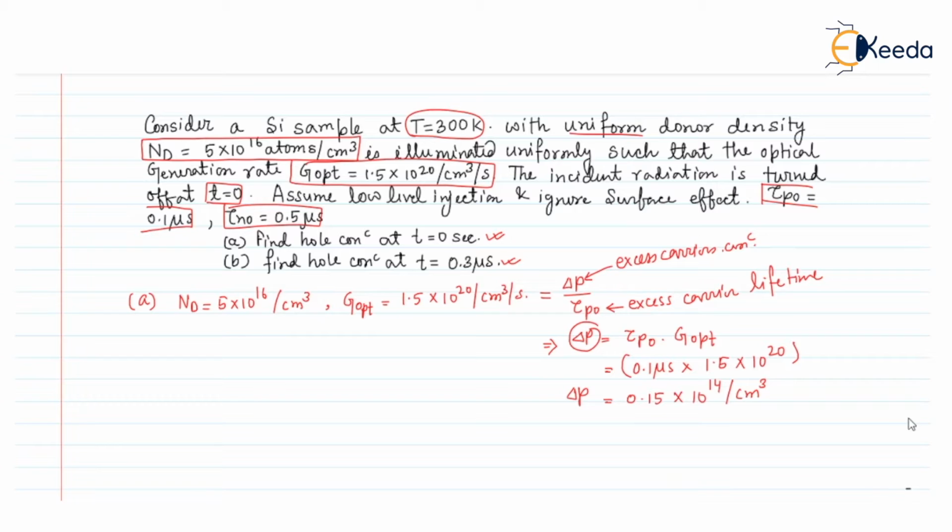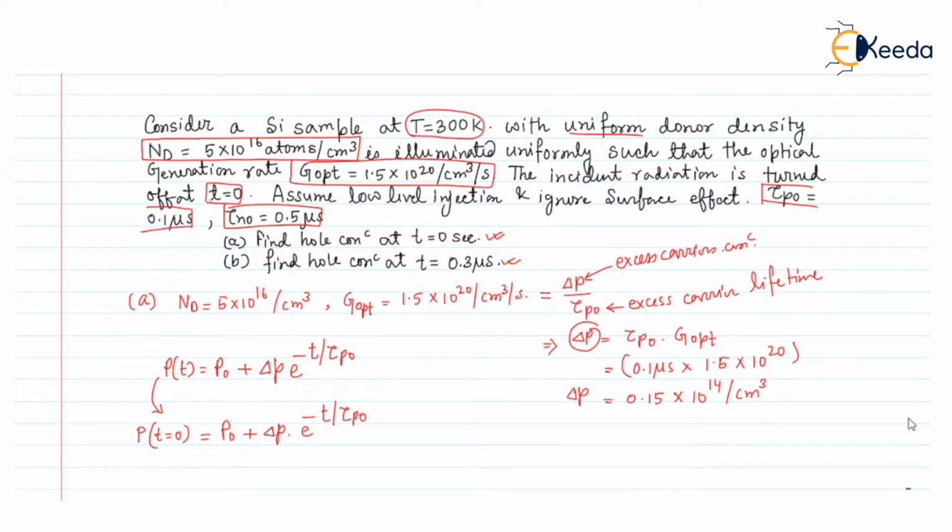Now, if we want to find the value of hole concentration at T equals 0, then we can say from the equation P of T equals P0 plus del P e to the power minus T by tau P0. So from this equation, if I put T equals 0, then we can find the value of P at T equals 0. So it will be P0 plus del P e to the power minus T by tau P0.